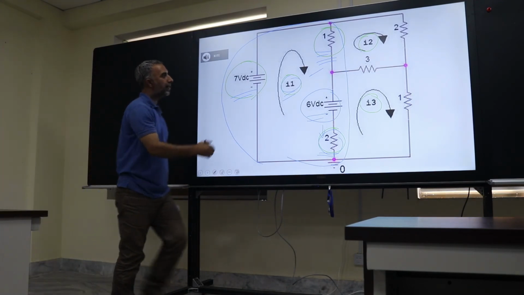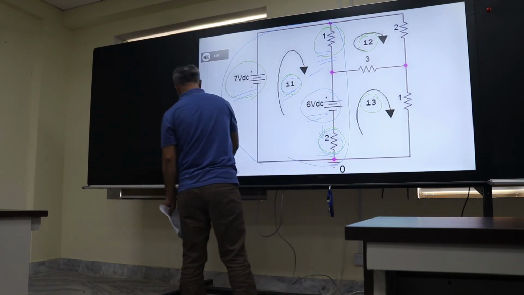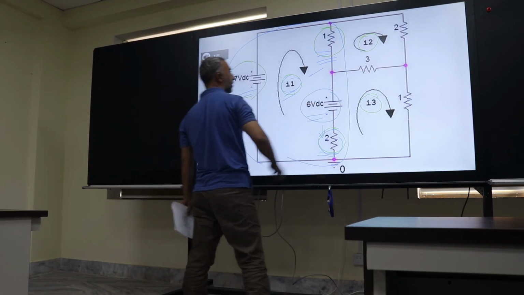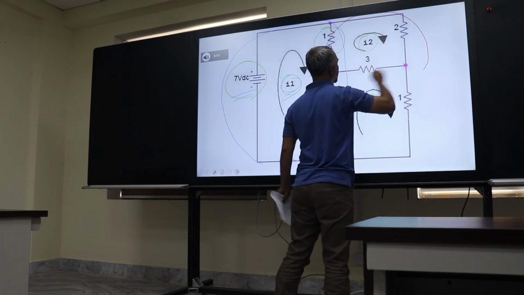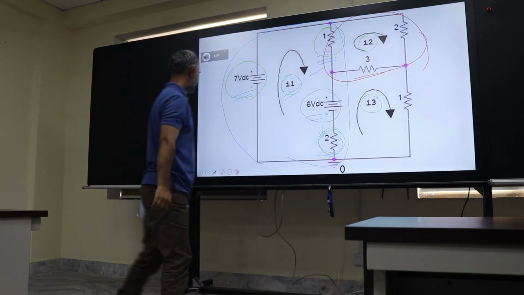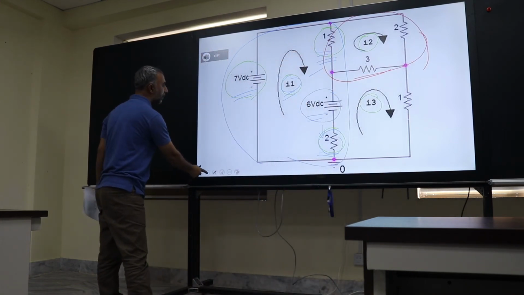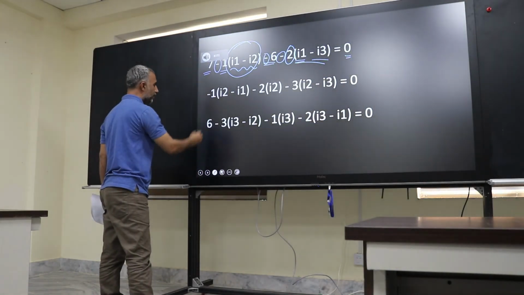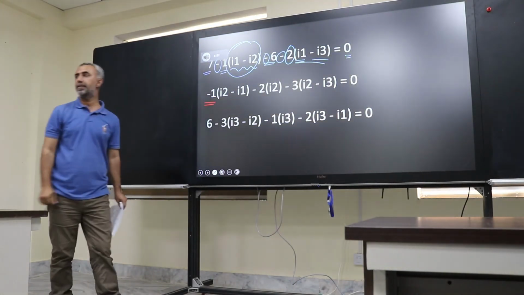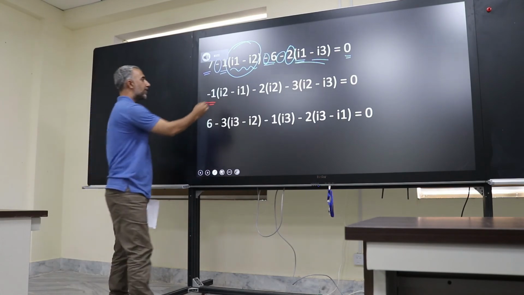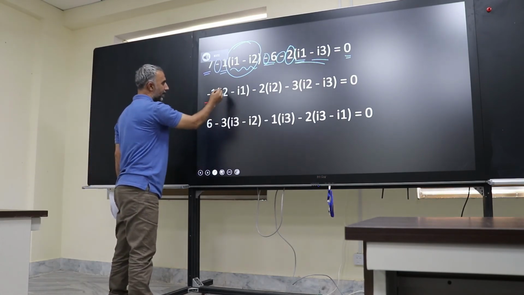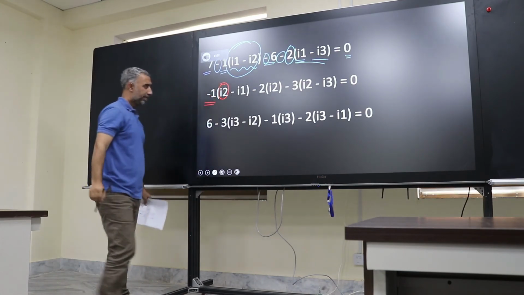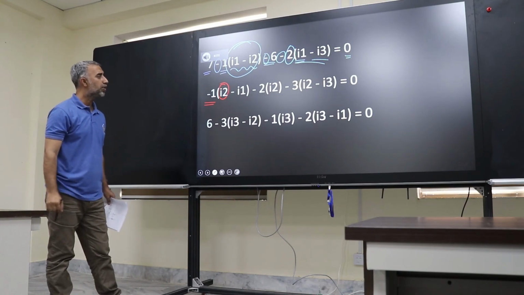Now if we are going to make an equation for this, of course we got minus resistance, and remember here it is becoming positive I2.